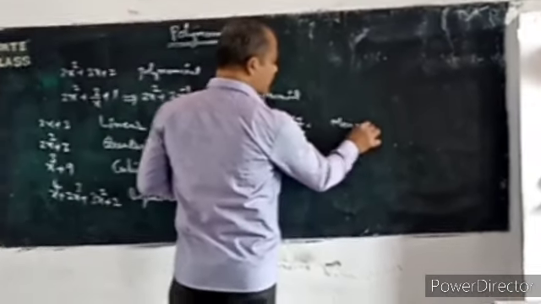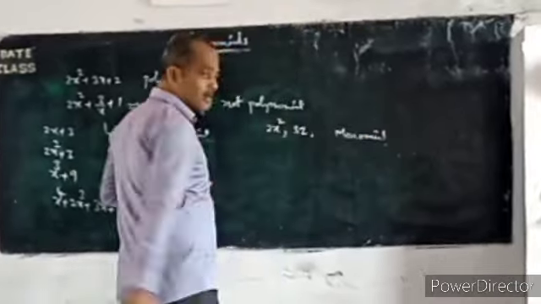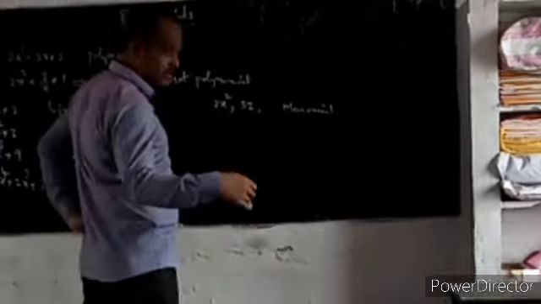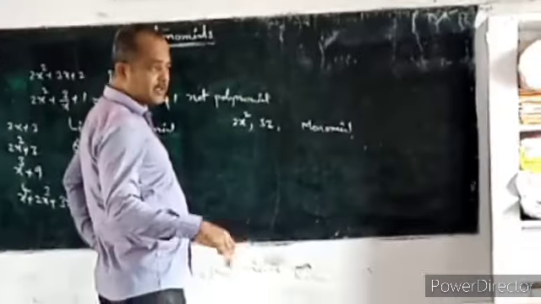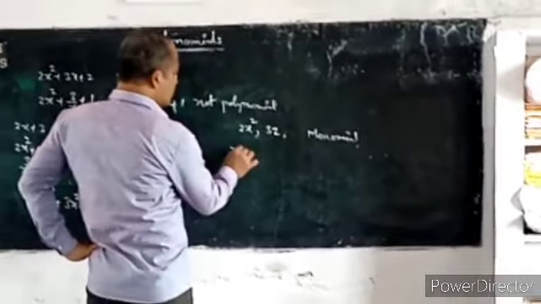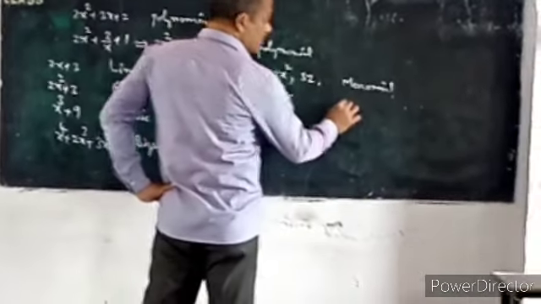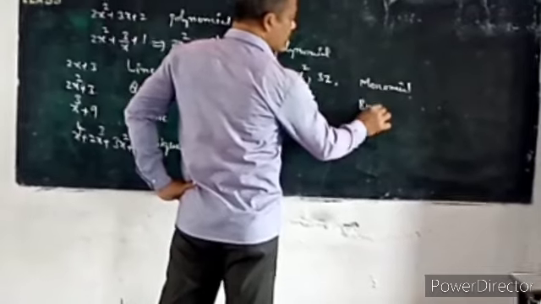Already we learned in previous classes. Next, if a polynomial or algebraic expression contains two terms, 2x square plus 5x, it is a binomial.